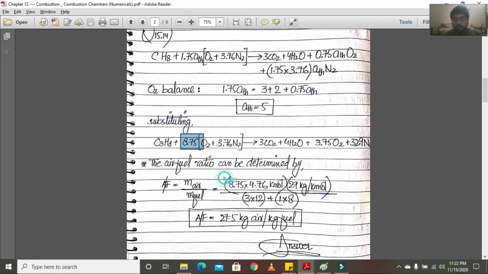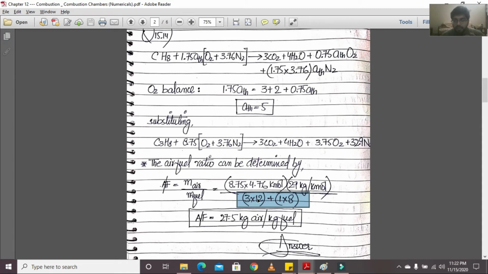So I simply multiplied this 8.75 with the 4.76, and then with the molecular mass of the air, that is 29, and I divided by the molecular mass of the fuel, that is propane, C3H8.